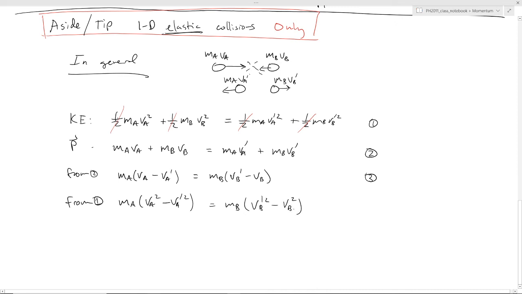Now recognize that these difference of squares terms can be expanded. This would look like (VA minus VA prime) times (VA plus VA prime). When you FOIL that out, you get the term that you started with. Do that on both sides.